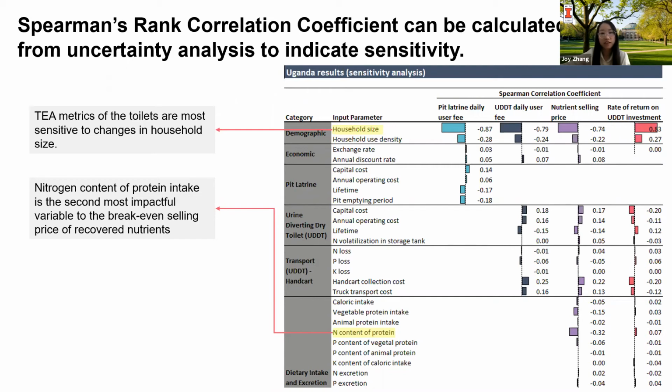And we can see that household size has generally the highest magnitude of Spearman correlation coefficient across the output variables. So we can basically conclude that household size is an important parameter in these two systems.